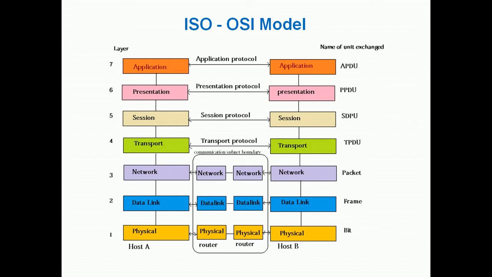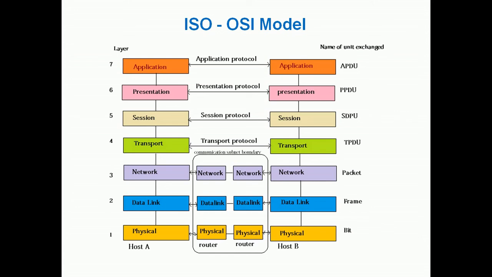So for host A, data is handed over to the application layer, and finally it comes to the physical layer, and after that the physical layer transfers it to the communication channel, and it is received at the physical layer of host B, and the reverse process is done, and on the host B side, after the application layer, the original message is received.